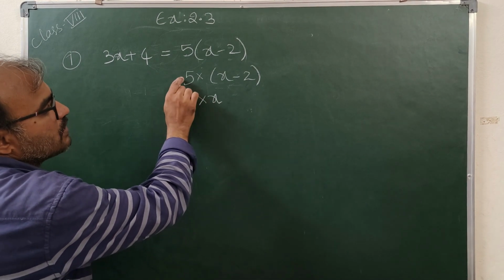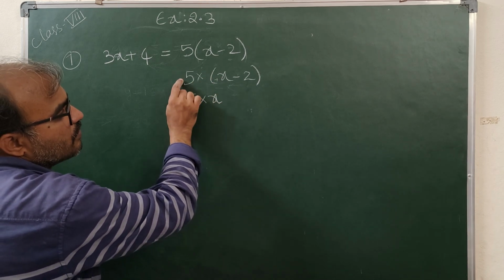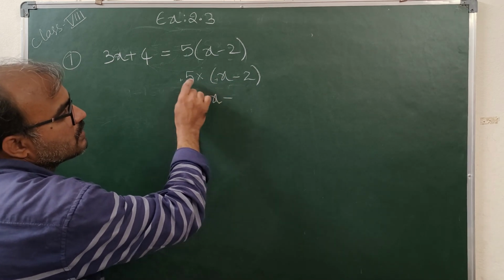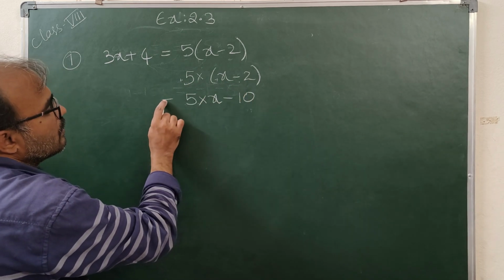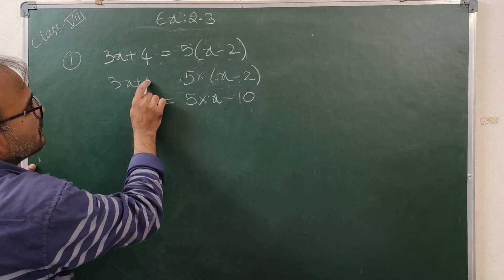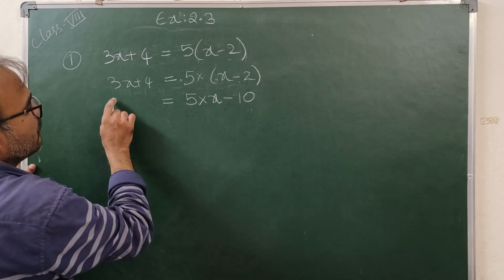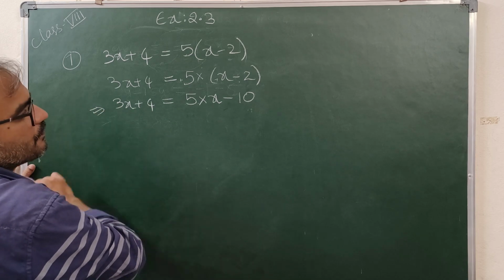Observe the symbols: plus 5 into plus x is 5x. Now plus 5 into minus 2 is minus 10, since plus into minus is minus. Sorry, I did not write this. Here again let me write: 3x plus 4 is equal to 5x minus 10.